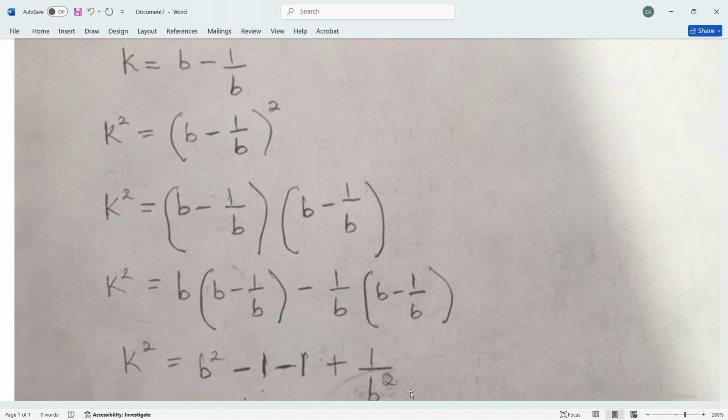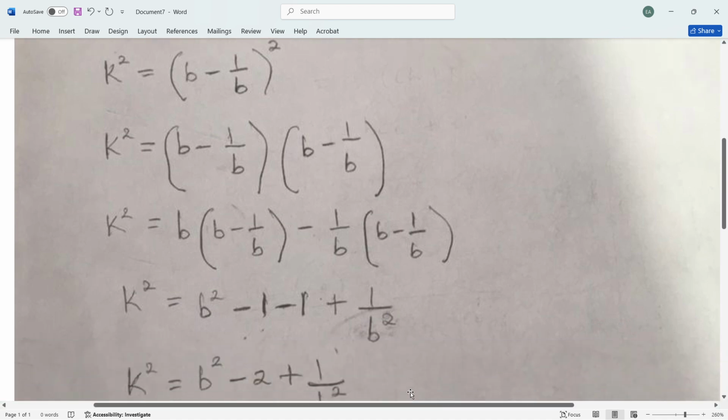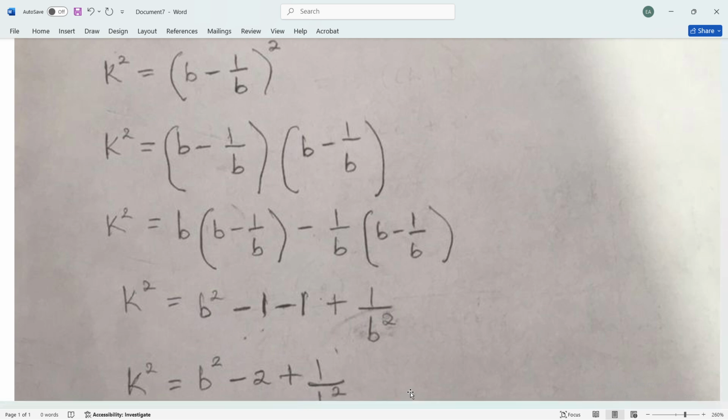So our k is equal to b squared minus 1 plus the fraction 1 over b squared, right? So we've simplified. Okay, so let's move on. So let's simplify. So our next equation is k squared equals b squared minus 1 minus 1, which would give us minus 2. Whenever you have two negative numbers, you bring out a negative sign and add the numbers.